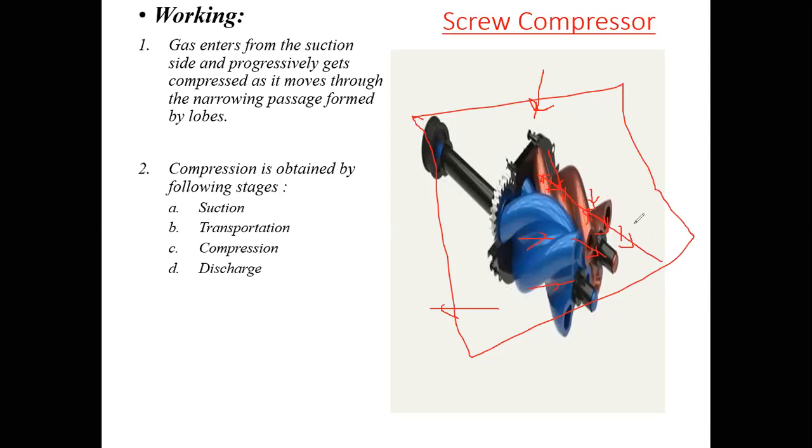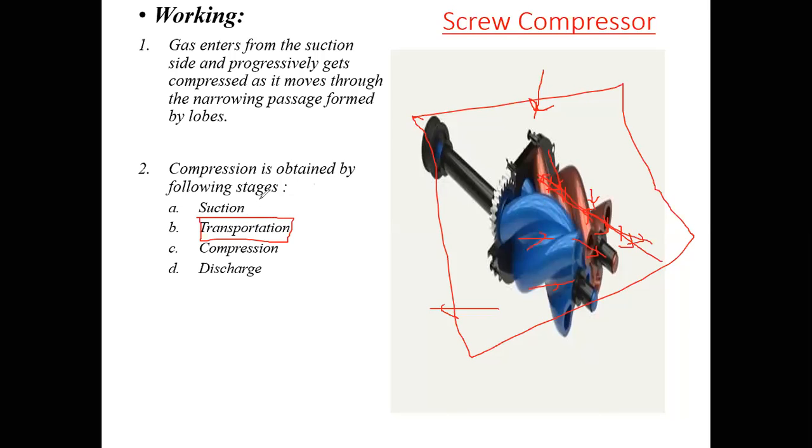So this is how the operation of a screw type compressor takes place. This is the transportation process. Air will flow from this side to this side, the distance will start decreasing, and as the distance decreases, the compression will take place.